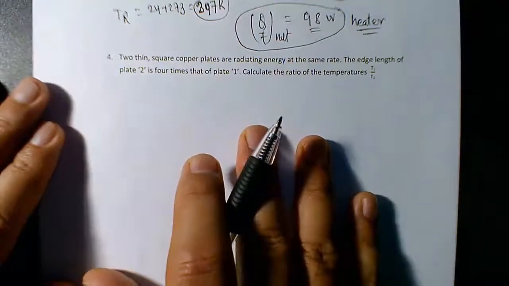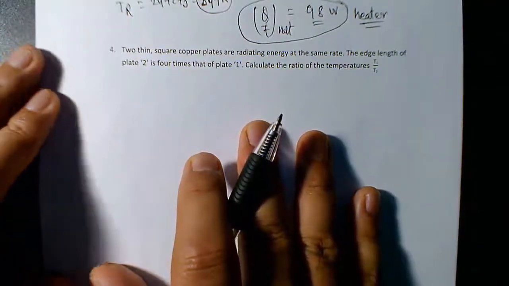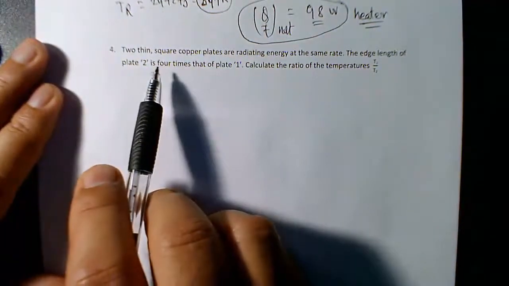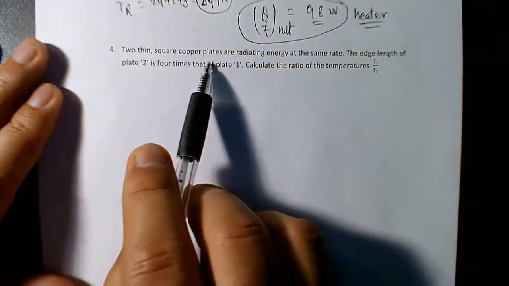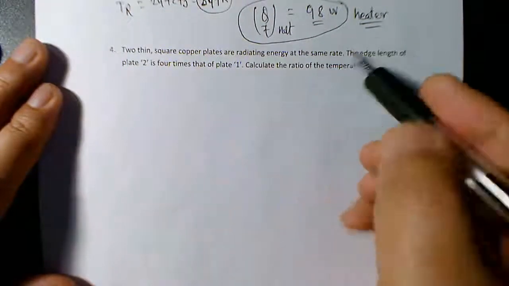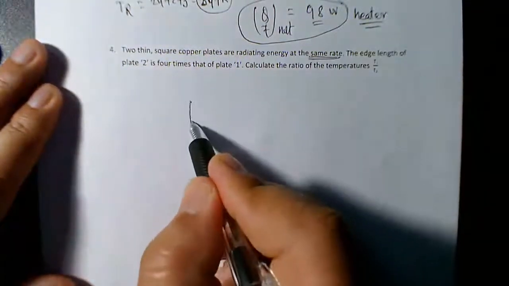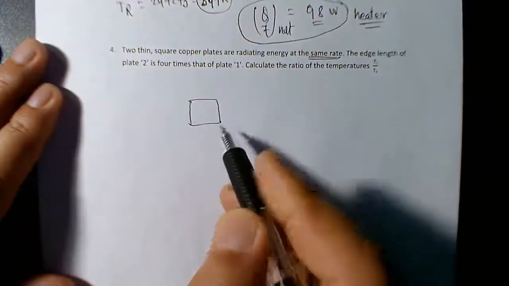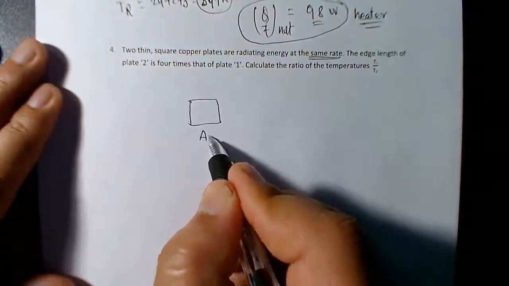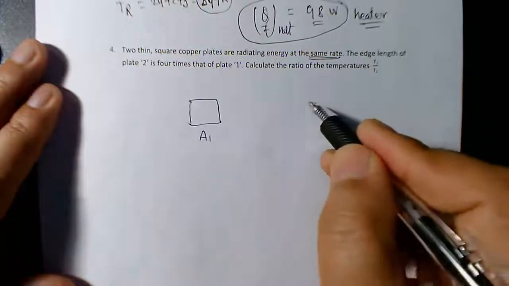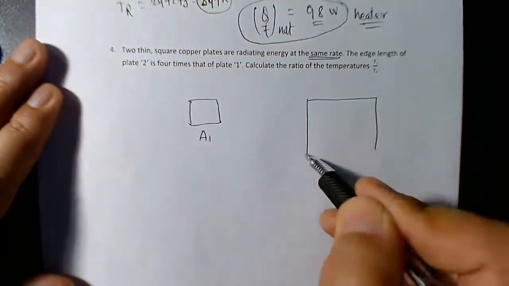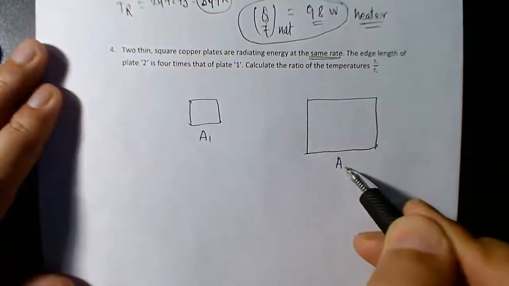So the next problem is a conceptual problem, a short question. It says two thin square copper plates are radiating energy at the same rate. Remember, one is big, one is smaller. One has an area A1, and the other one has area A2.